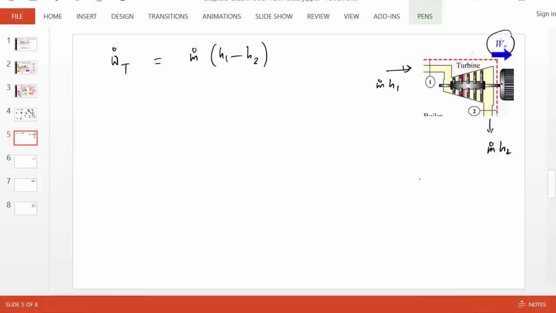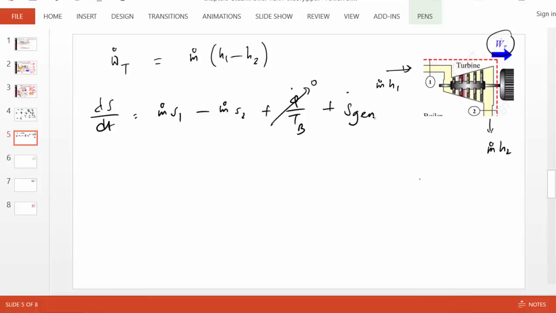And if we want to know what happens as far as entropy is concerned, we recognize entropy that comes in, entropy that comes out. By mass, by heat, there is no entropy that crosses the boundary, and there is no friction in an ideal turbine. Steady state, this goes to 0. So therefore, S1 equals S2.